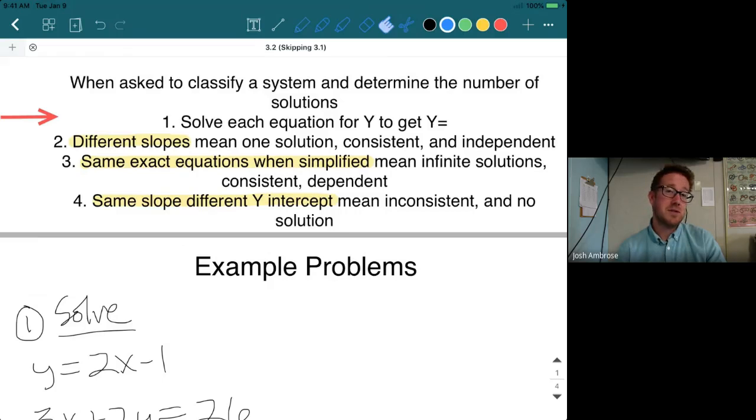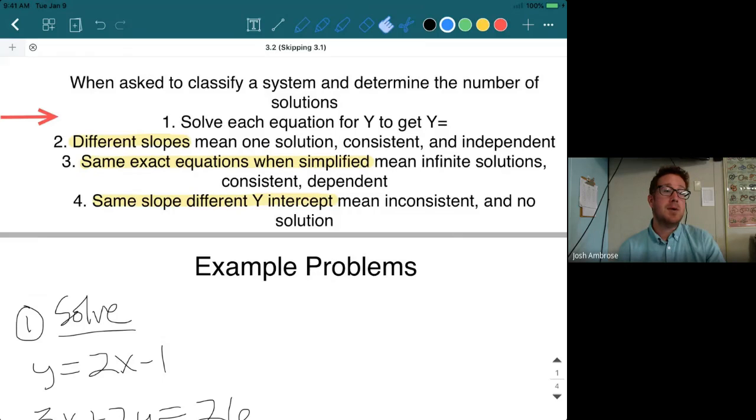If they have different slopes, immediately there's one solution, and you would say it's consistent independent. If they have the exact same slope, then you have to do one more thing, and maybe it's identical equations. Now both sides are completely equal to each other. In that case, if you have two equations that are identical, then you have infinite solutions, and you would also say it's consistent dependent.